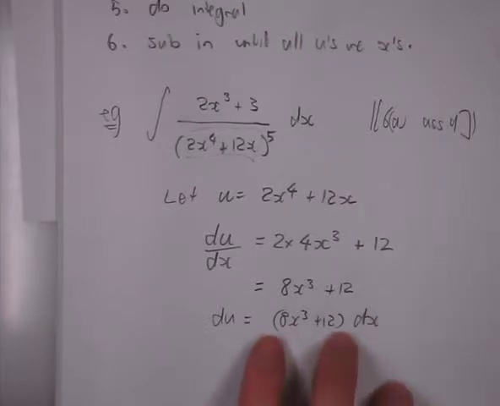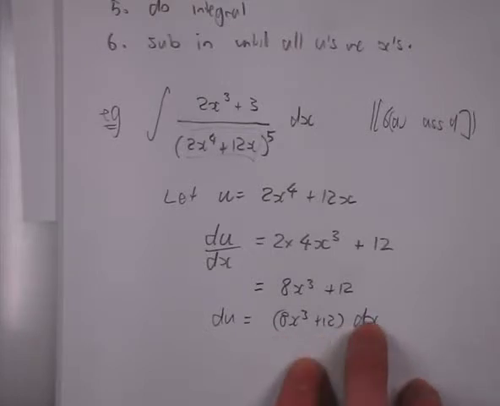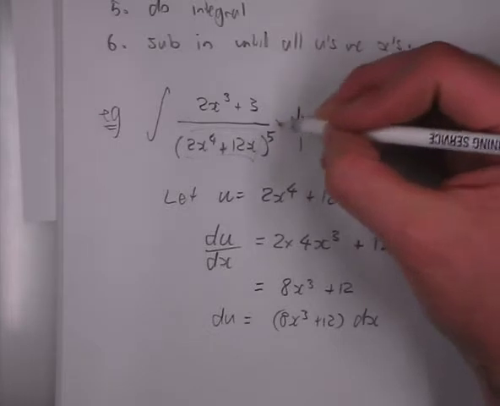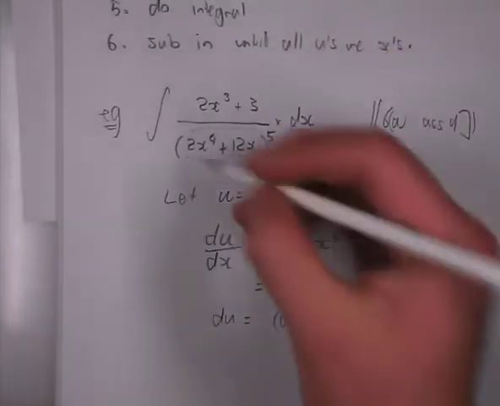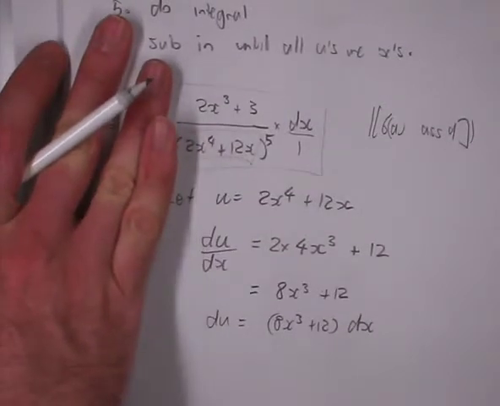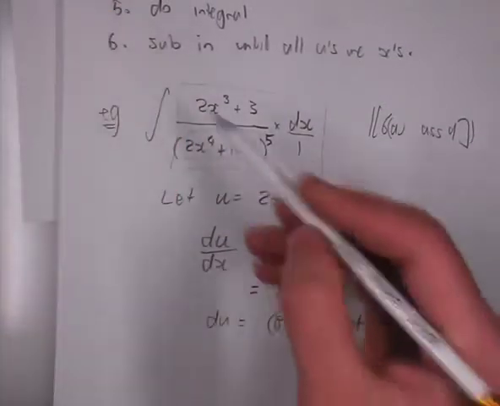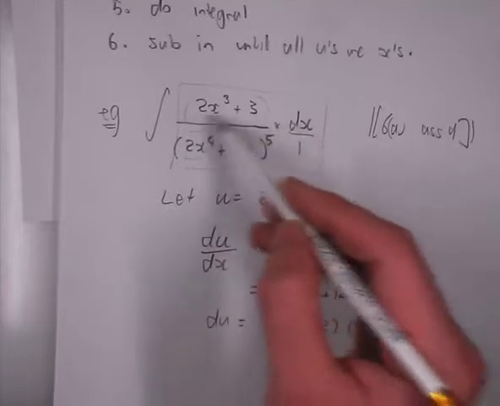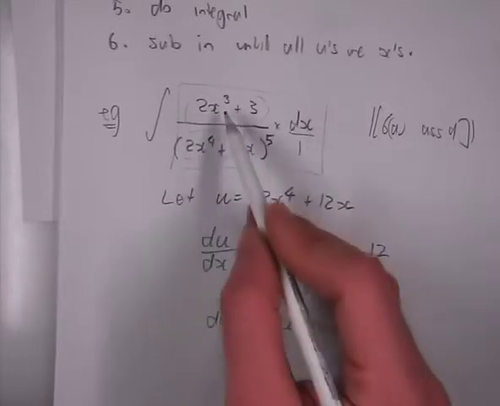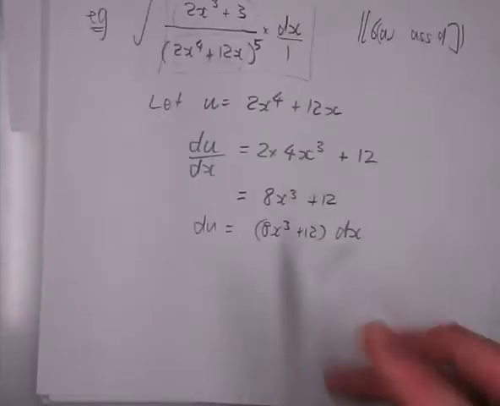Okay, so it looks like I need to create something that's 8x cubed plus 12 multiplied by dx. We can think of this as being dx on 1 and think of it as a fraction, because remember we're just looking at this bit. We're ignoring that and pretending that the dx is something that we can multiply. And so we have a 2x cubed plus 3 dx. We want to make this look as much like that as possible.